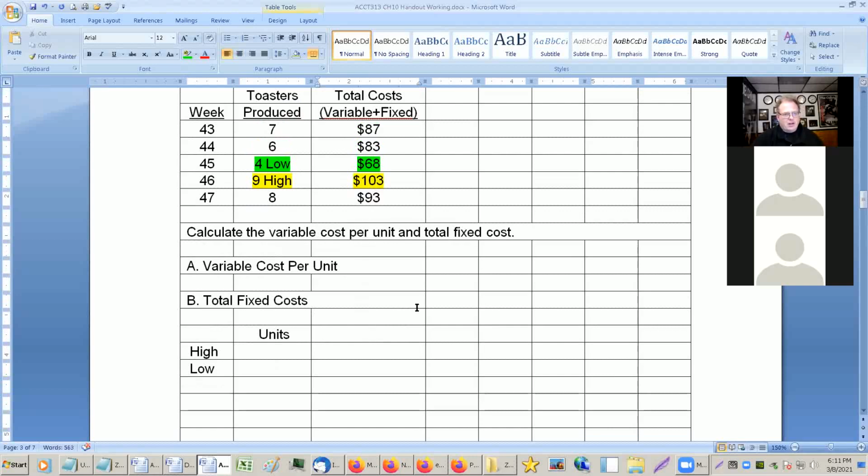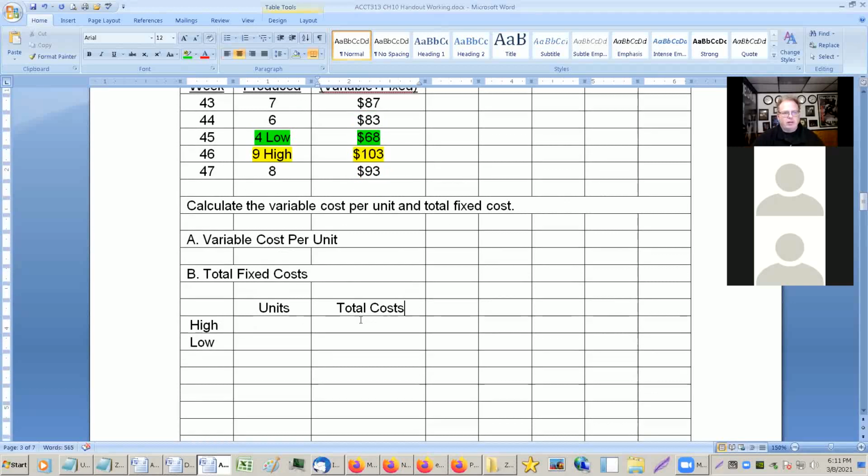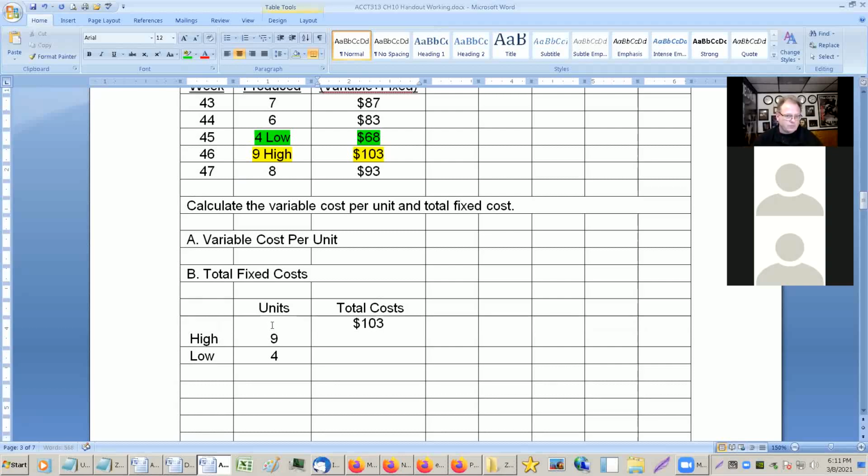And these would be the total cost. Okay, so the high was 9 units. Low was 4.